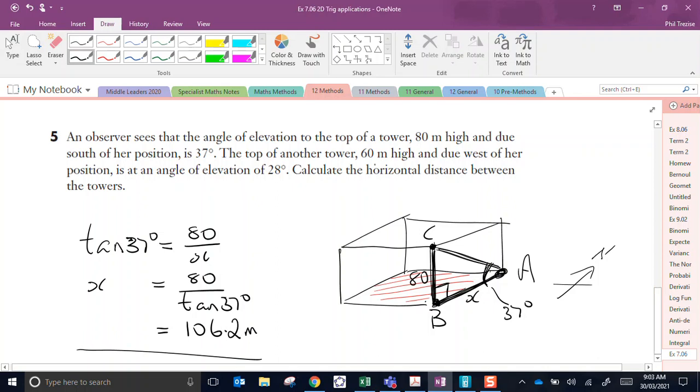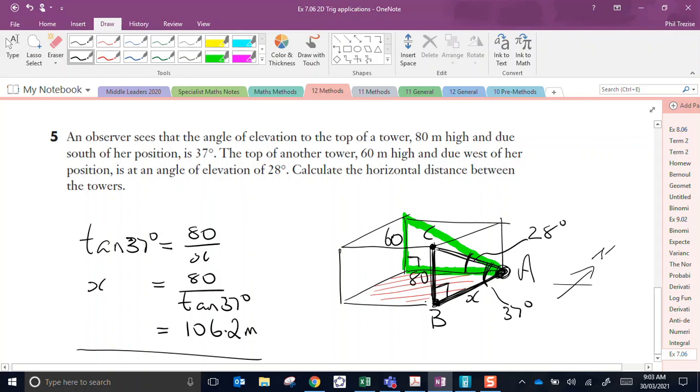That's nice. Now let's read the rest of the question. It says the top of another tower is 60 metres tall and it's due west of her position. So from point A, I might change my colour here, due west would be running along there. This is the tower, which is 60 metres tall. There is an elevation angle for this tower, this one is 28 degrees.